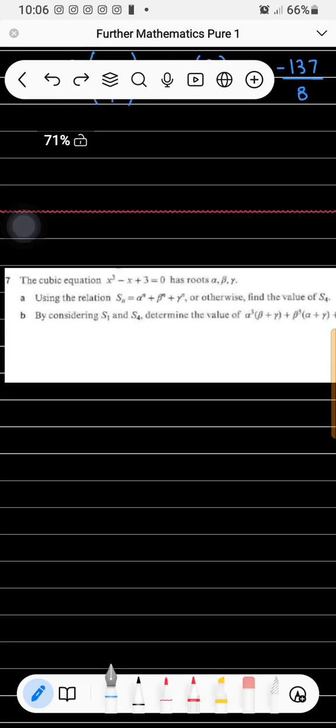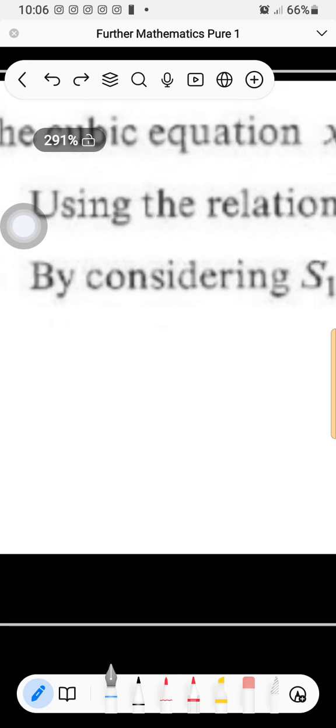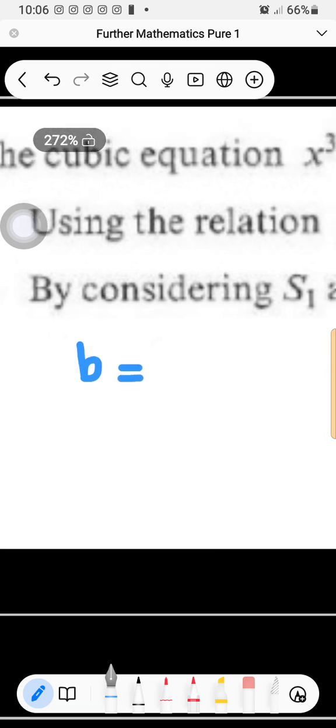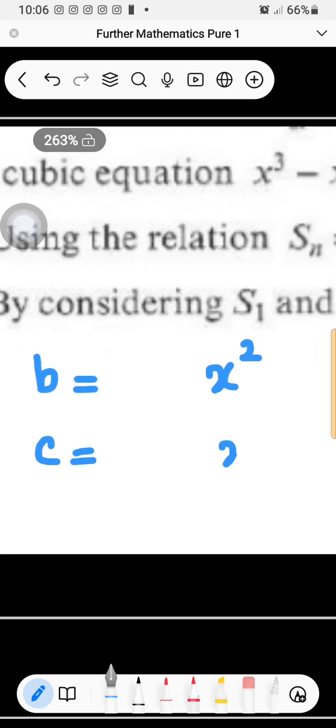Here is the question: the cubic equation x cube minus x plus 3 equal to 0. First, what I prefer to write is b, c and d. b is the coefficient of x square, c is the coefficient of x, d is the coefficient of x power 0, meaning the constant.